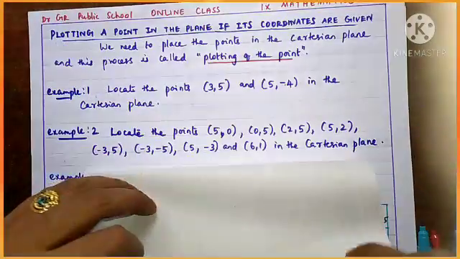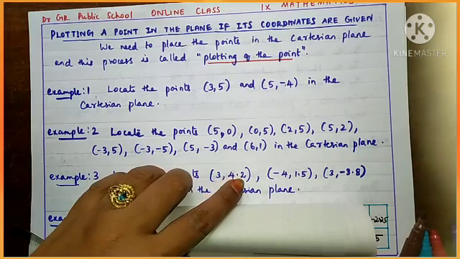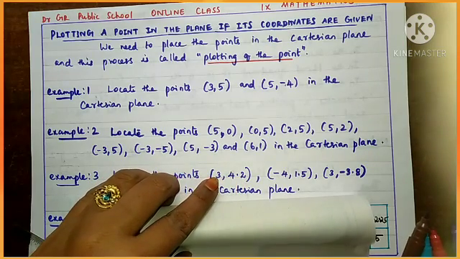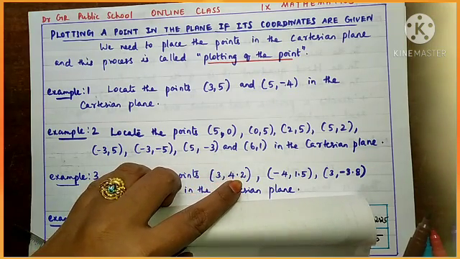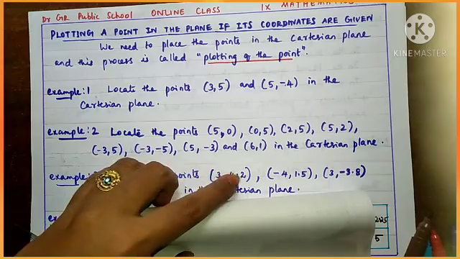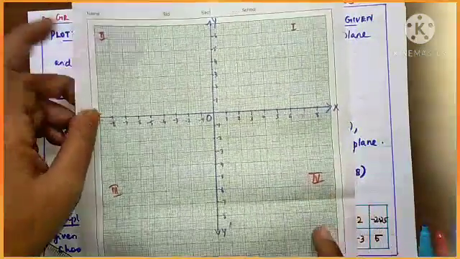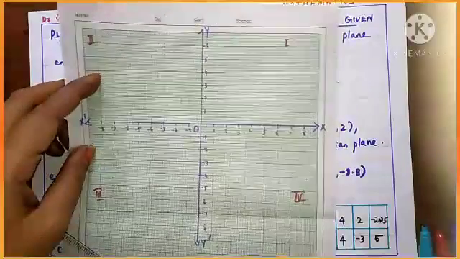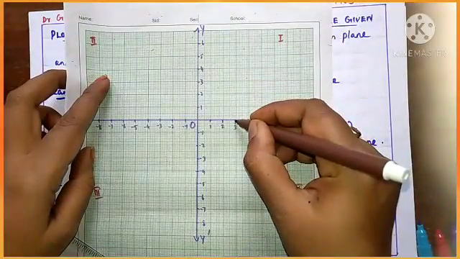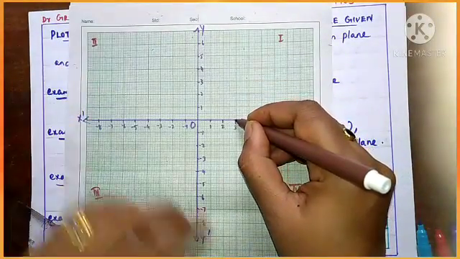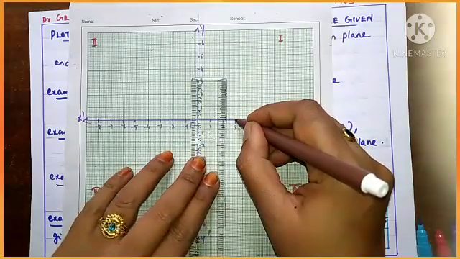What is the first number given? 3 and 4.2. X 3 positive and Y 4.2, that is also positive. So this will come in the first quadrant. So where is 3 of x? Yes, it is here. X value 3 and Y value is 4.2.